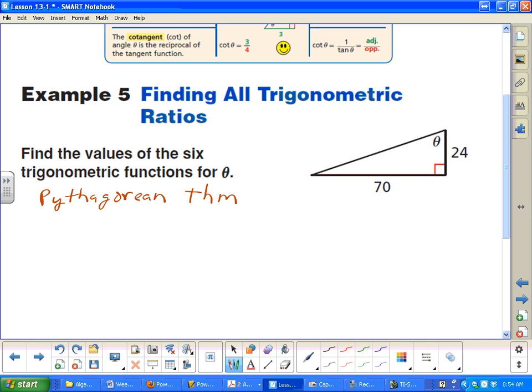So 24 squared plus 70 squared is equal to, we'll call it C, the hypotenuse squared. So before we can do anything else, we've got to find that third side of the triangle by using the Pythagorean theorem. A squared plus B squared equals C squared.